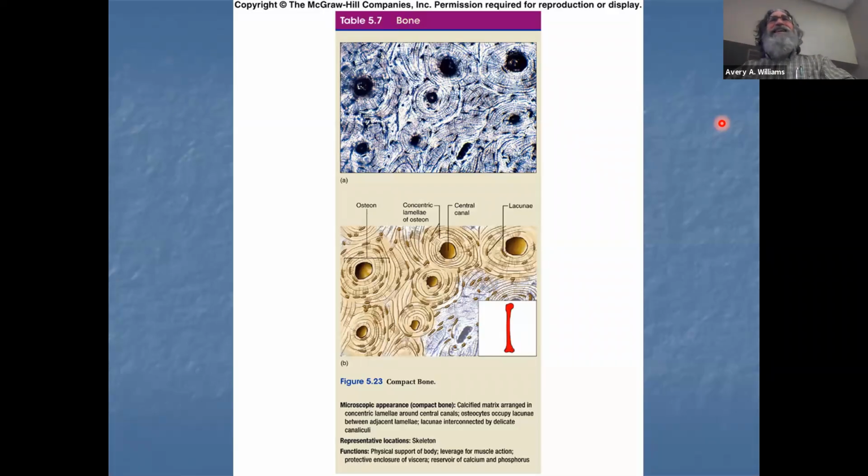But here as a connective tissue, if you look at it, it's quite reminiscent of cartilage, but it's different. You would think there has to be some kind of relationship, particularly since we just finished talking about hyaline cartilage. Where do you find hyaline cartilage?